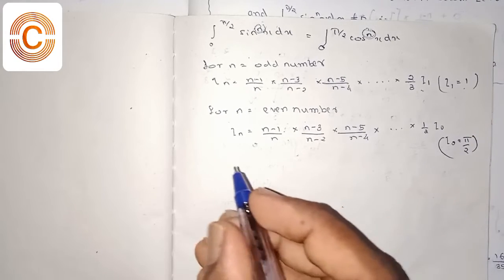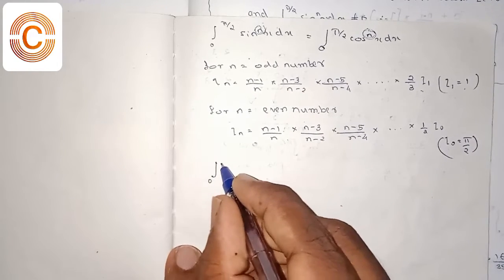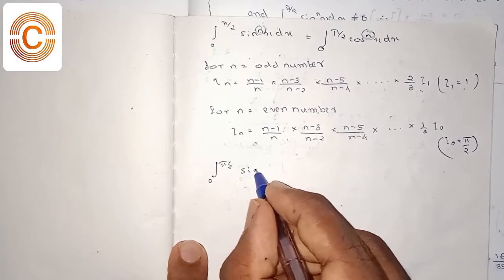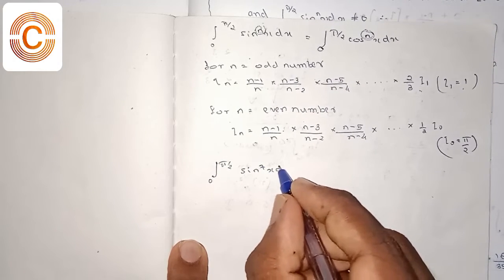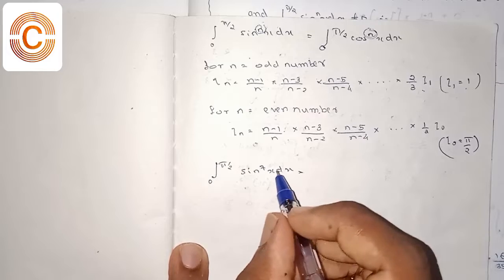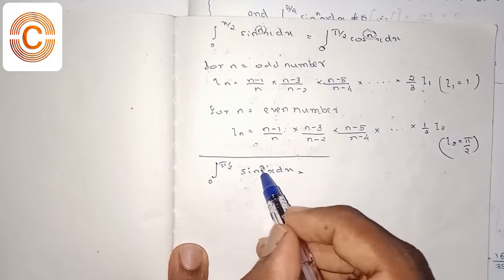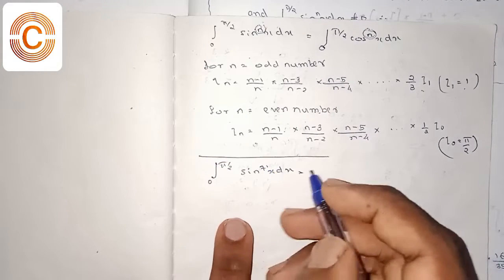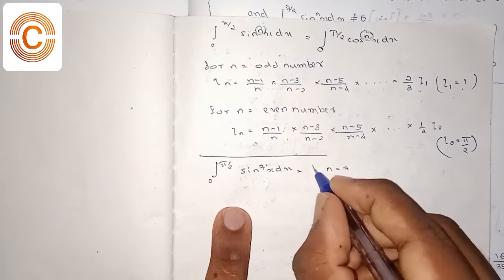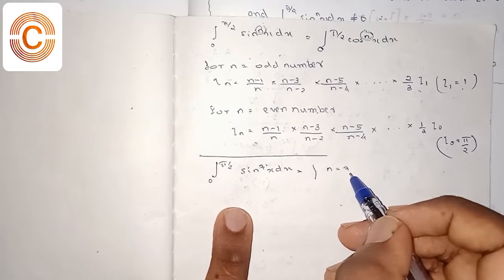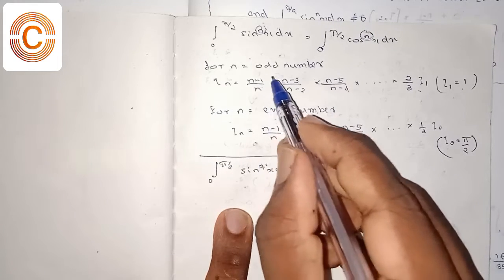So let's begin with an example, the integral from 0 to pi by 2 of sin raised to 7 x dx. Using the formula, the power n is equal to 7 here, which is an odd number.